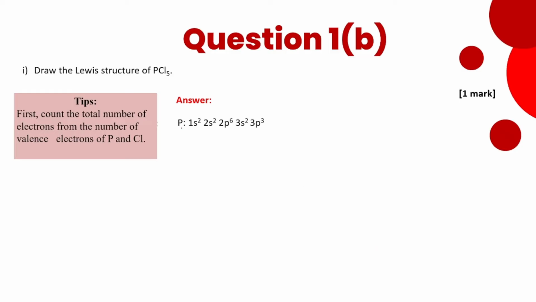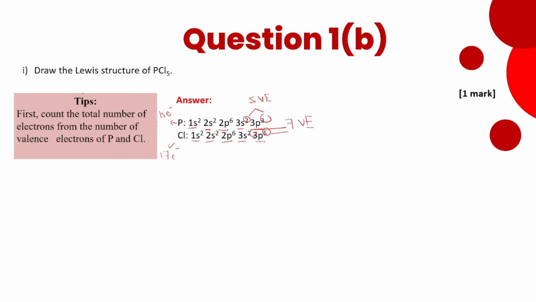Phosphorus has 15 electrons, so the electronic configuration is 1s2, 2s2, 2p6, 3s2, and 3p3, which has 5 valence electrons. Meanwhile, chlorine has 17 electrons, so you have 1s2, 2s2, 2p6, 3s2, and 3p5, which is 7 valence electrons.